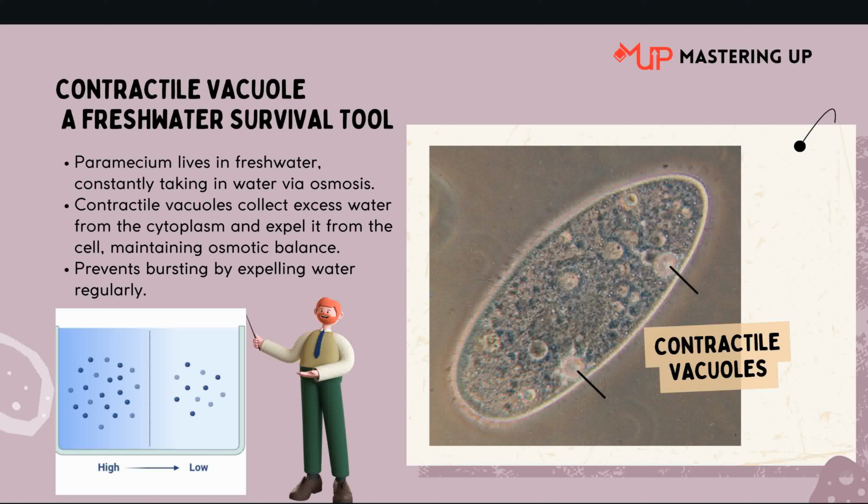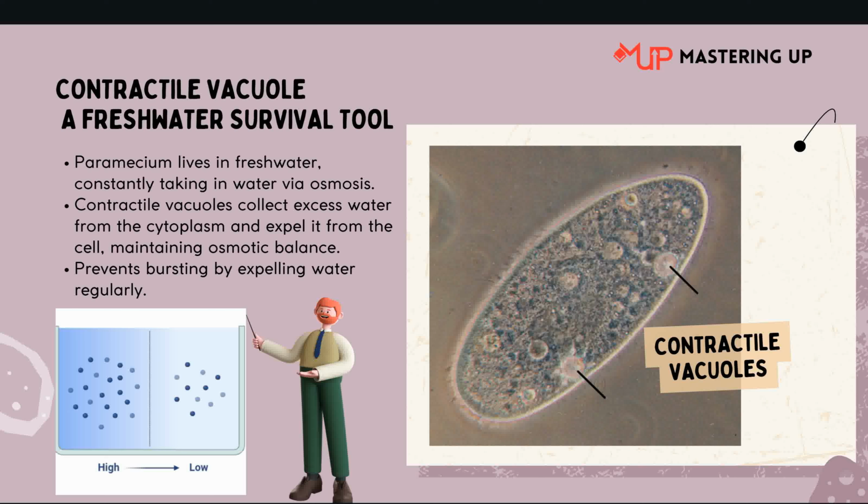Osmosis is the passive movement of water or any other solvent molecules from a region of higher concentration to a region of lower concentration through a semi-permeable membrane. We all have read that concept, right? Similarly, it occurs in paramecium.